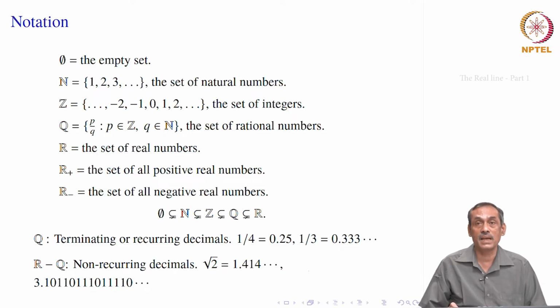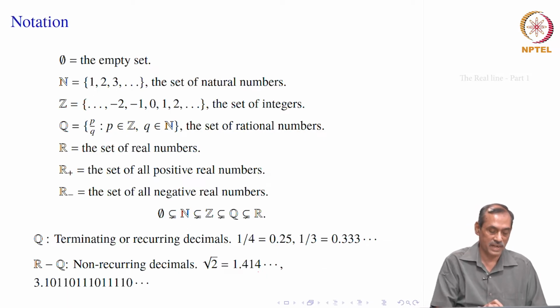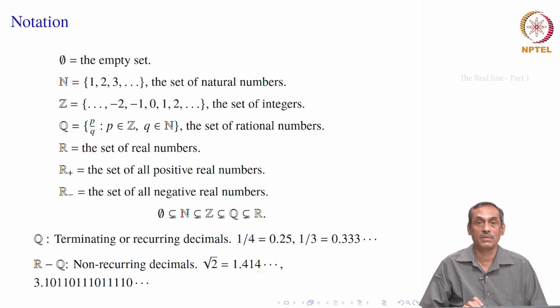And the set of real numbers includes these rationals, but it is a proper superset of the rationals. So, there are some numbers which are not rational, they are irrational numbers. The set of irrational numbers we will write as R minus Q, using that minus symbol, which will be easily readable. R minus Q will have decimal representations which are non-recurring and non-terminating.